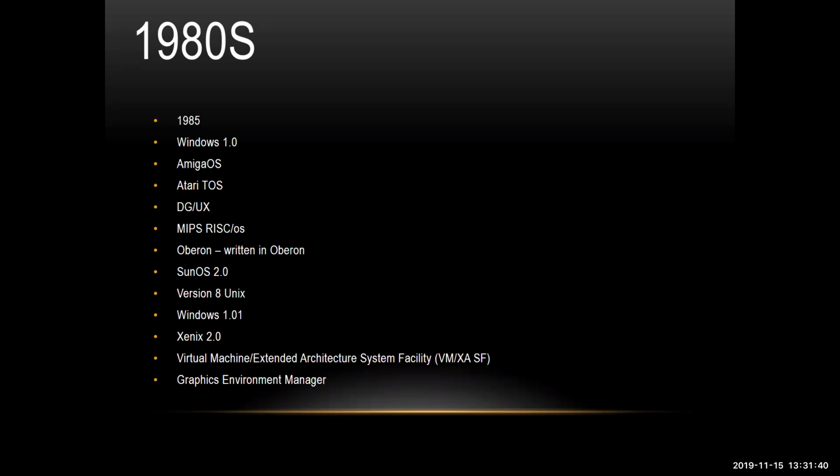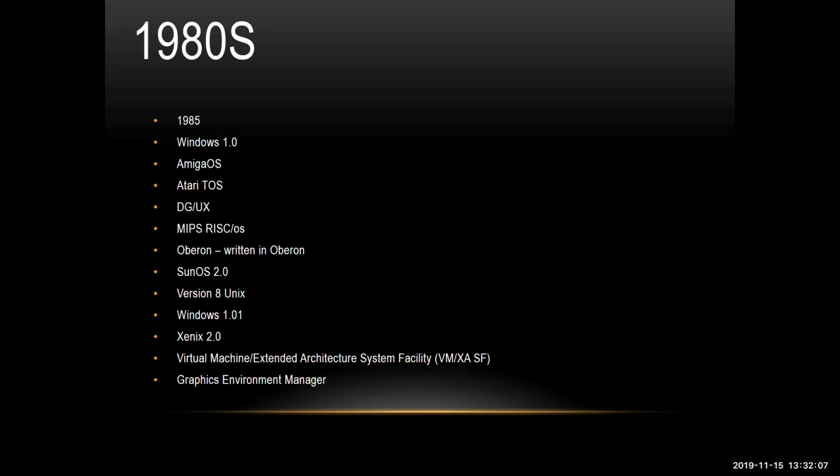And then we had DG/UX. This is also a Unix operating system. And then MIPS RISC/os. It was used for computer workstations and servers from 1985 to 1992.